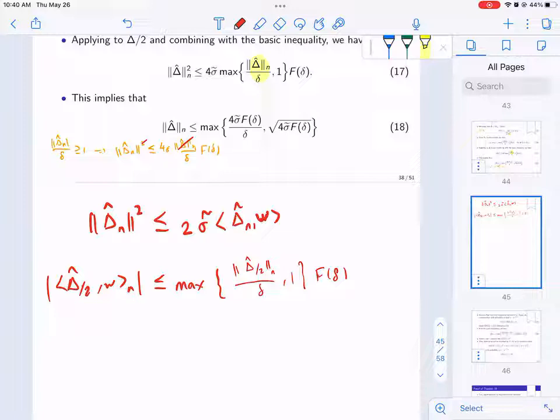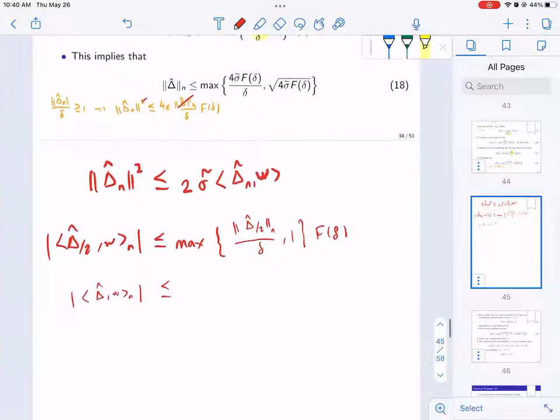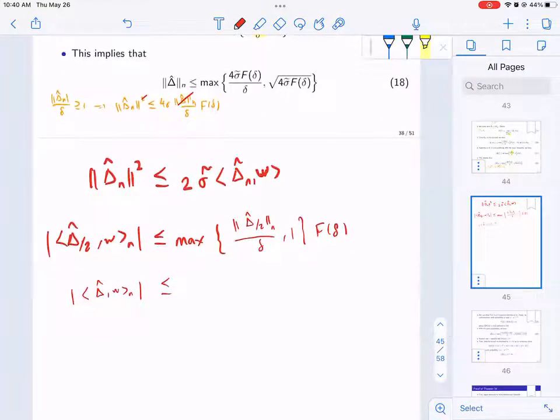Right? So what do I get? This gives me delta hat n less than... I'm going to multiply by 2 everywhere, right? And then this would be like delta hat n, and then 2. I'm going to bound this by 2 times that.